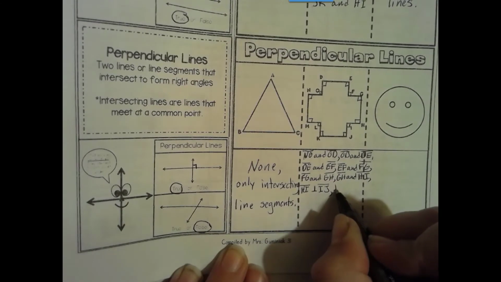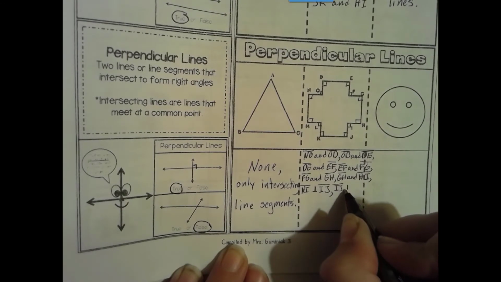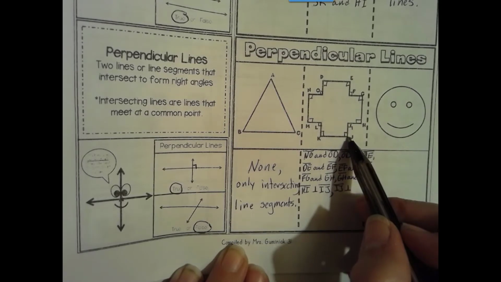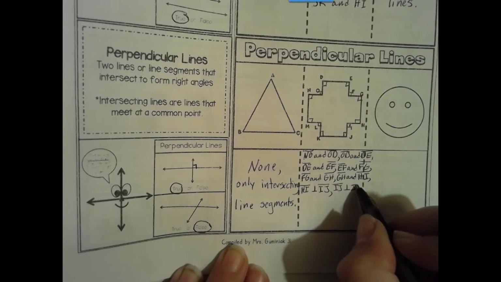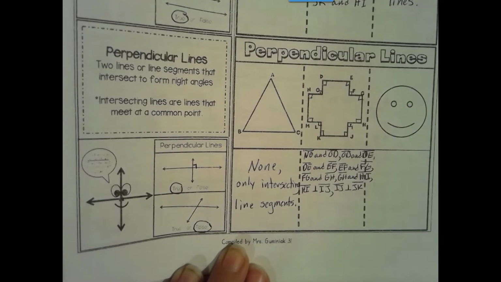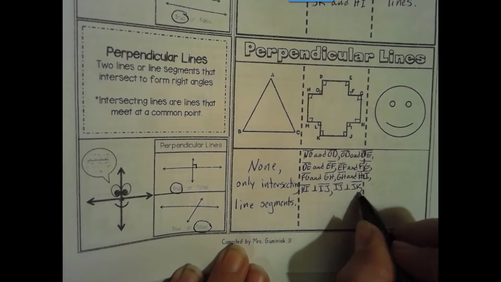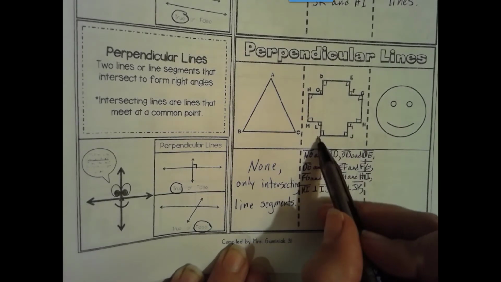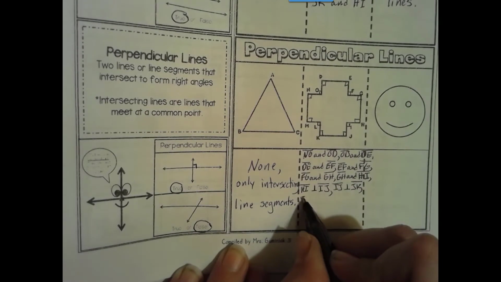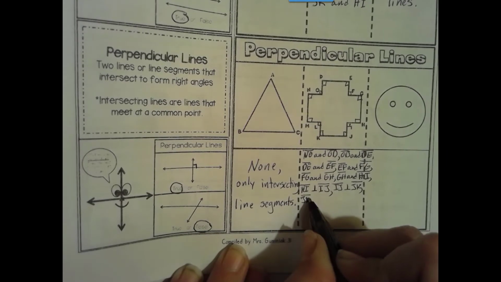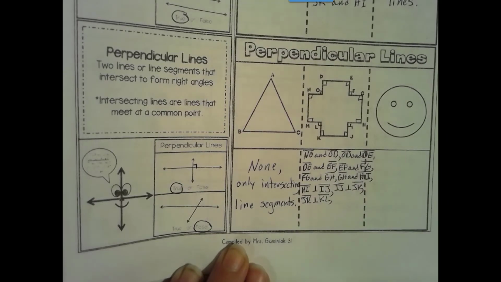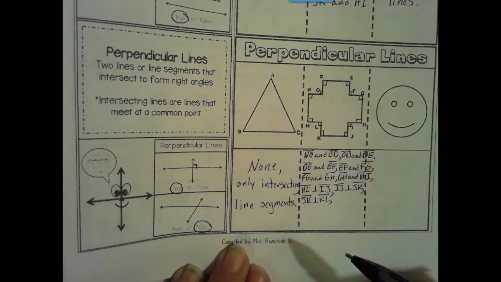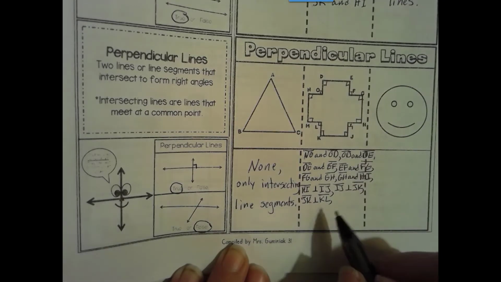Then IJ is perpendicular to JK. JK is perpendicular to KL. There's also a symbol for parallel, and it's two parallel lines instead of writing the word parallel.